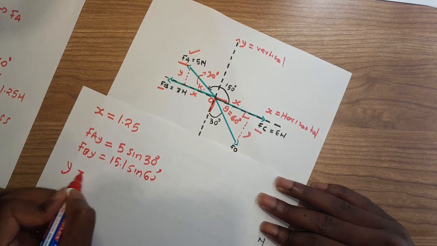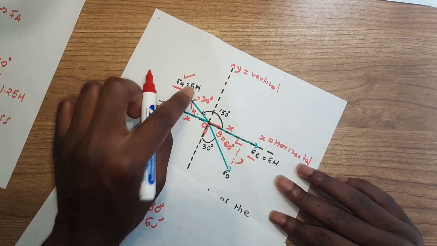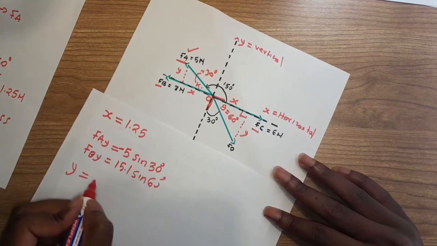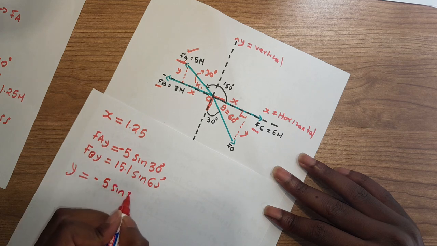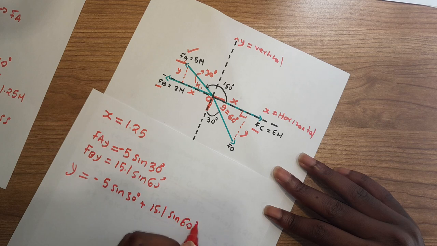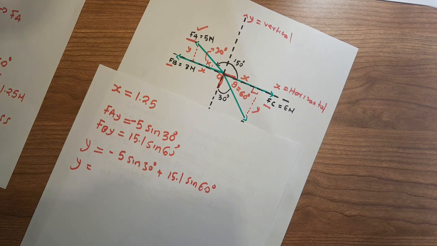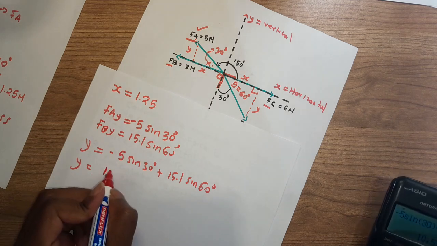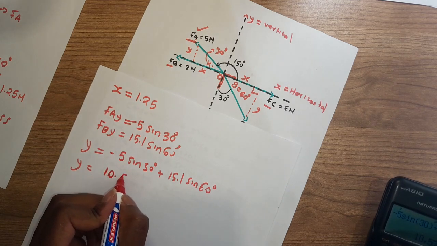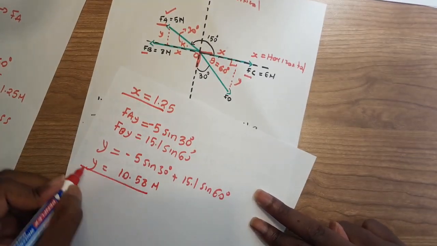So if we add these two, remember this 5 is a negative, so minus 5 times the sine of 30 degrees, plus 15.1 times the sine of 60 degrees, that is our y component. And I get a value of 10.58 newtons. So in other words, I now have the x components and the y components.